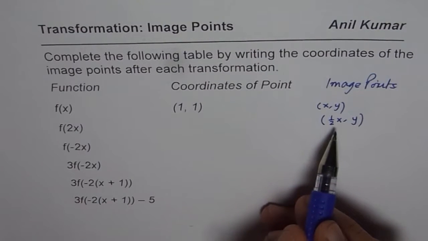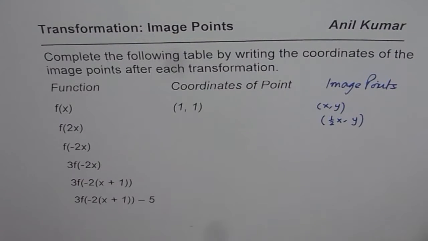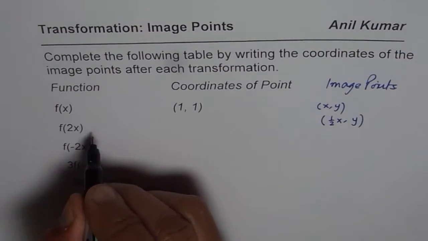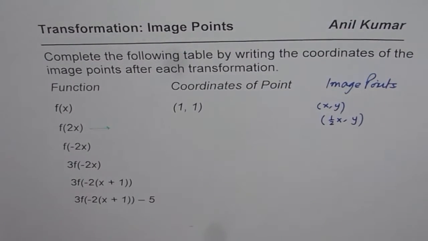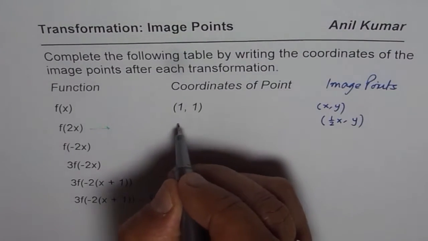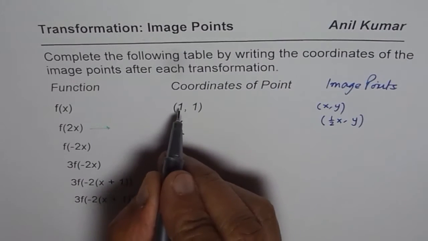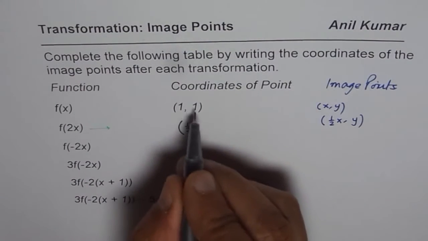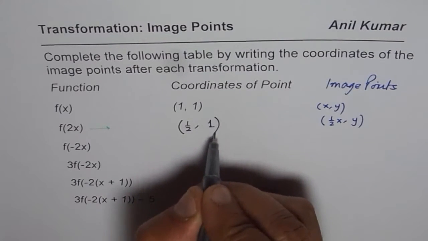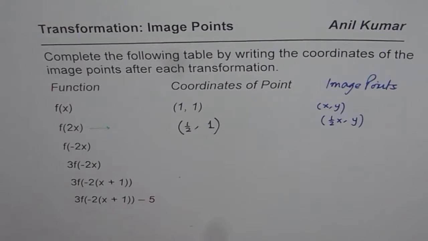If you apply this transformation here, the coordinate point will be half of 1, which is half, and the y value will remain the same, which is 1. Now let's look into the second transformation.